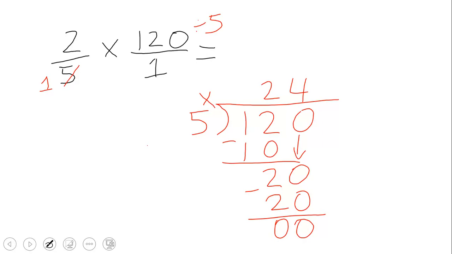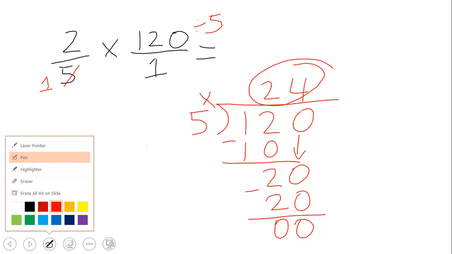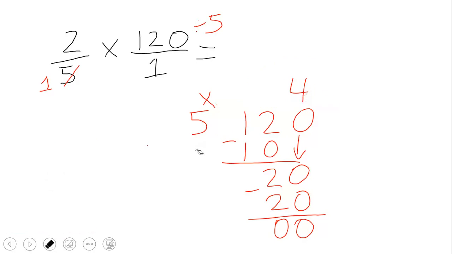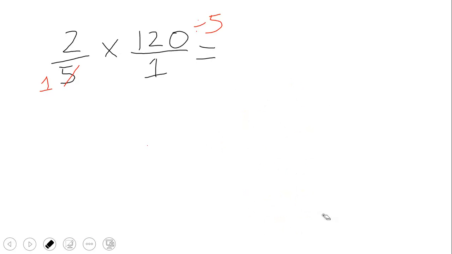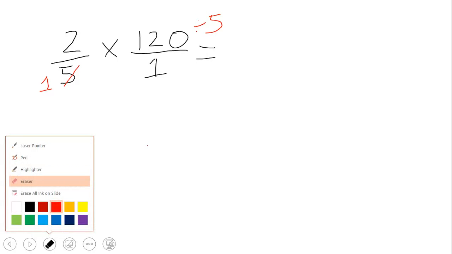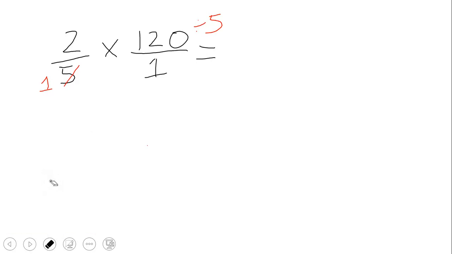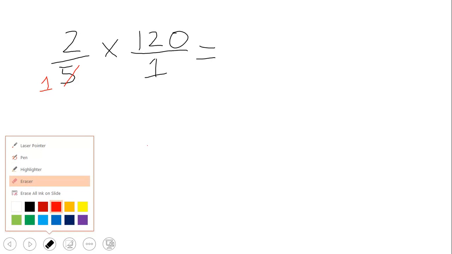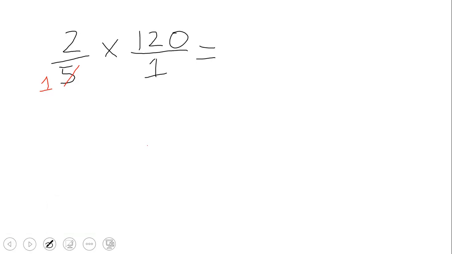So 5 times 24 is indeed 120. Therefore, 120 divided by 5 is indeed 24.